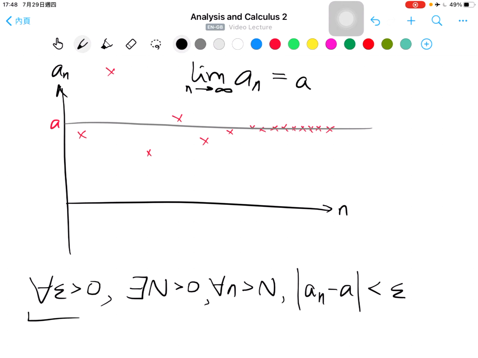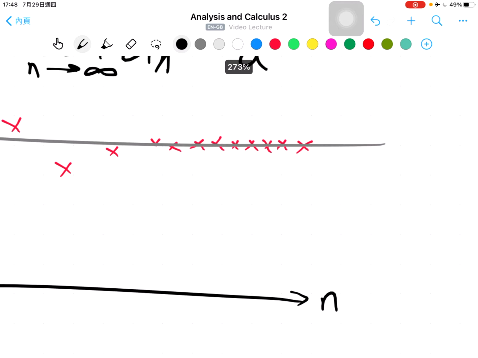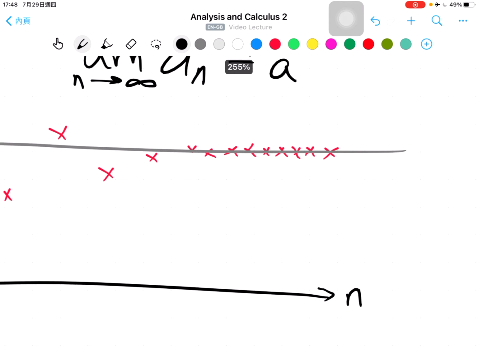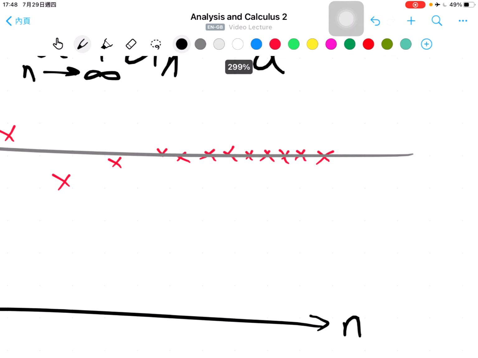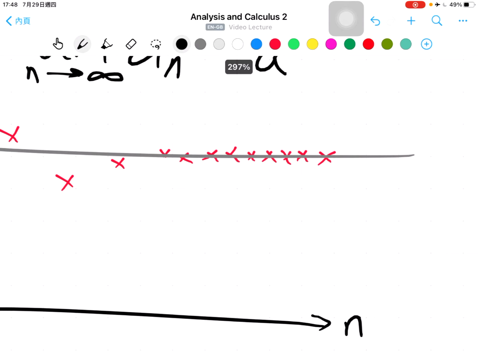No matter what distance you give, error or deviation, right? The terms in the sequence may not be exactly on the line. There's probably some kind of little deviation. It's not exactly on the line, but it's very close to the line. So there's some kind of error term there, the term that describes the distance from the term to the value a.